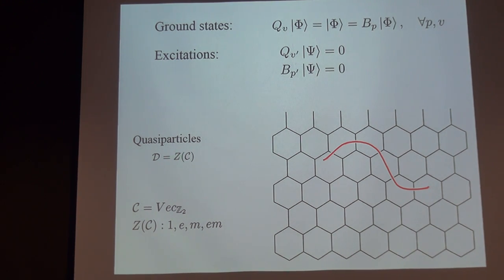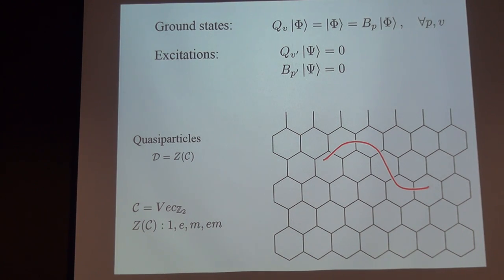Here the capital Z means quantum double. It's a mathematical notation. In physics, quantum double means the charge-flux complex. For example, in the Z2 case, we can view this C as the Z2 group representation. You have two objects: a trivial one, and a Z2 charge.